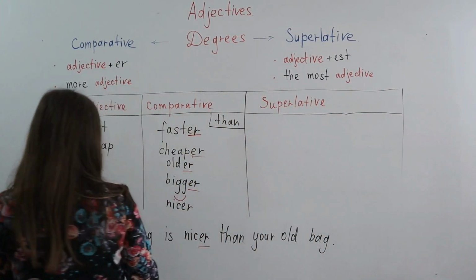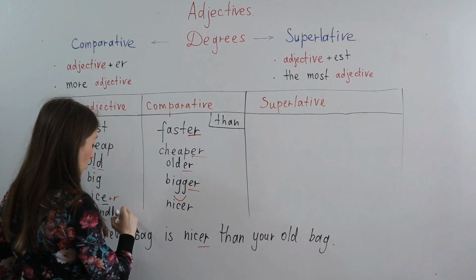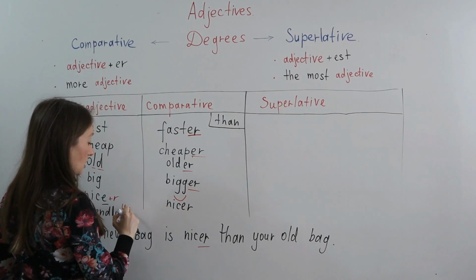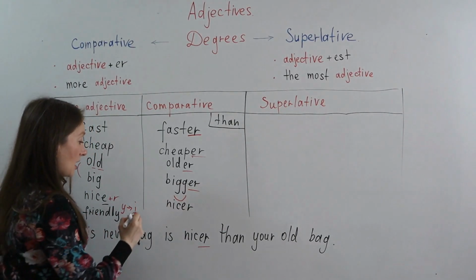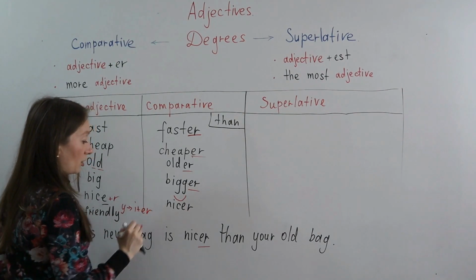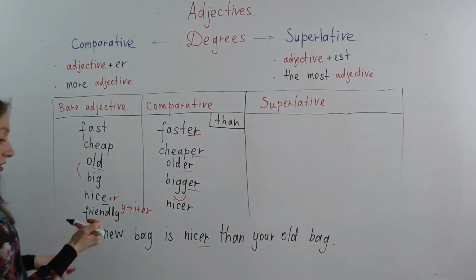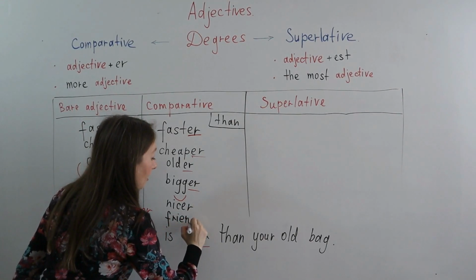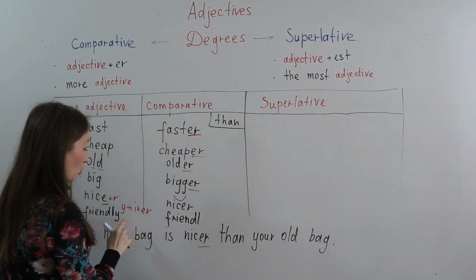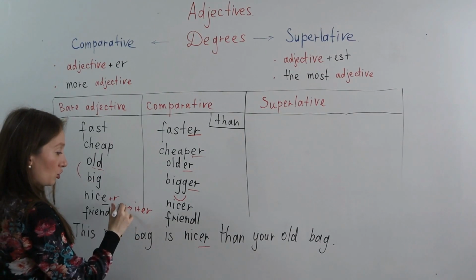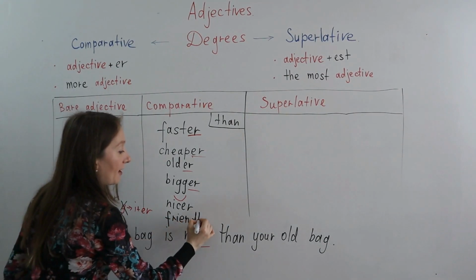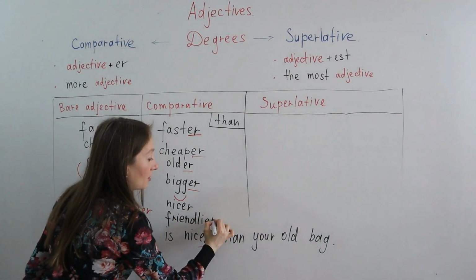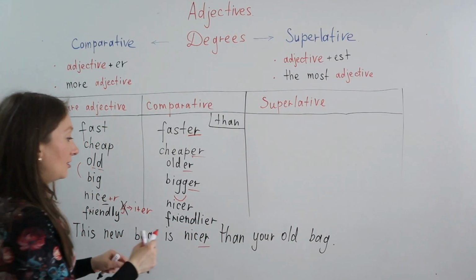Y letter will change into I and plus ER, right? So what do we have here? We will have friend, we change into I, so you don't write it. Friendlier. Friendlier, right?